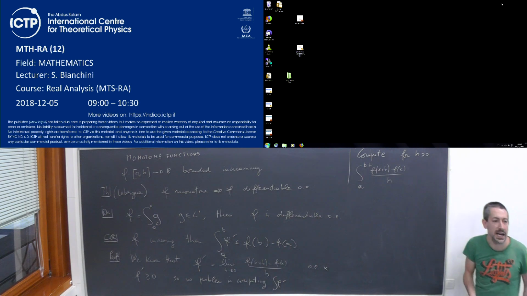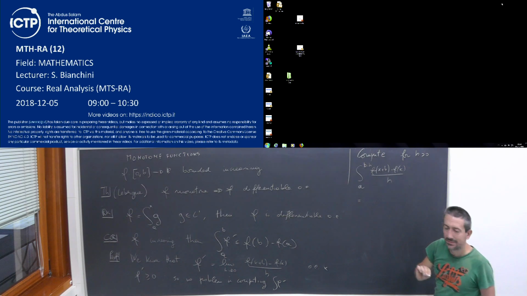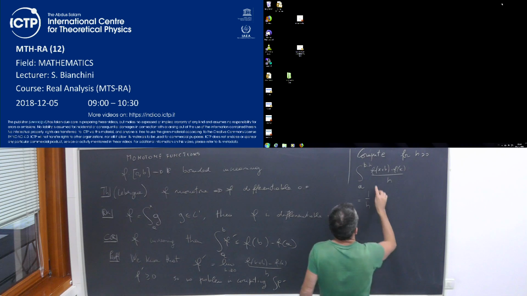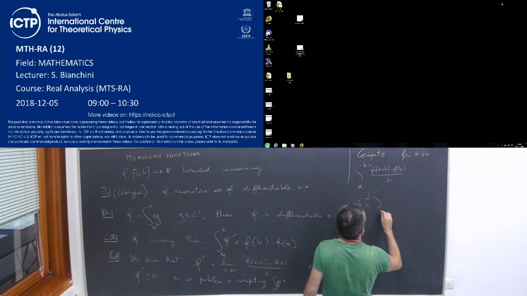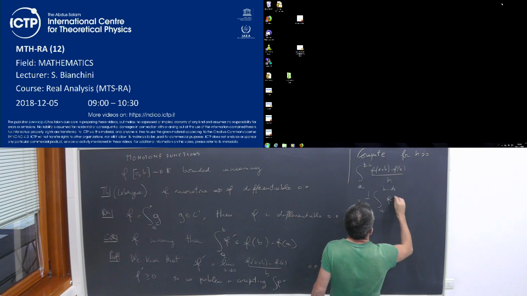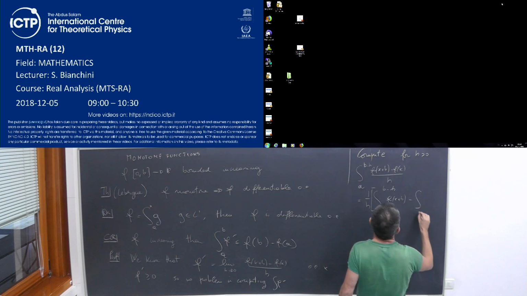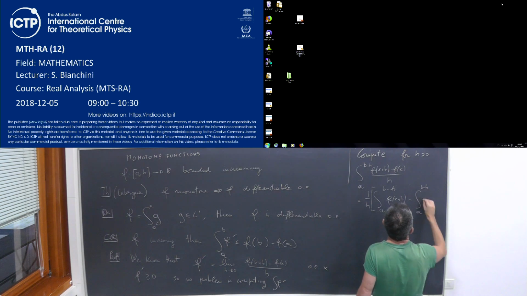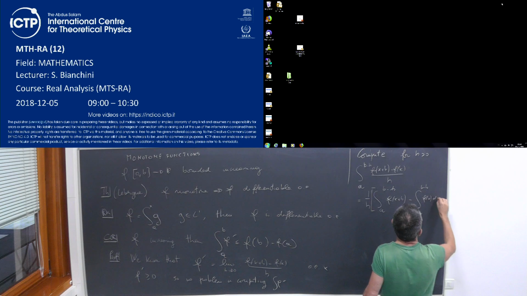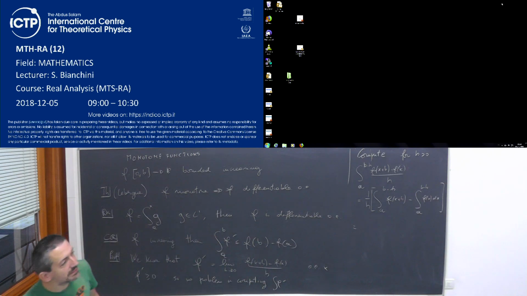Okay, so what is this guy here? It is 1 over h, the integral from a to b minus h of f of x plus h, minus the integral from a to b minus h of f of x. Do you see any simplification?